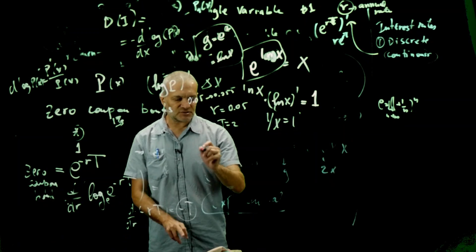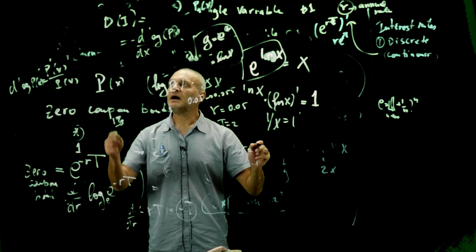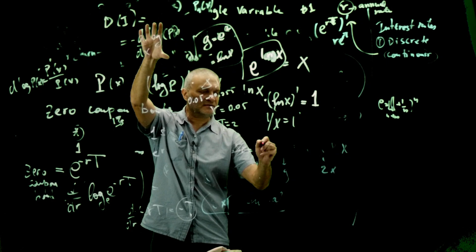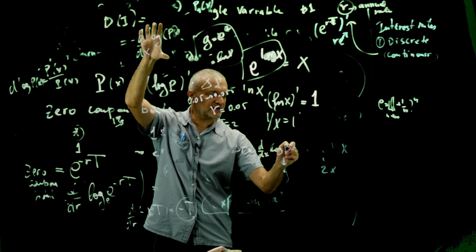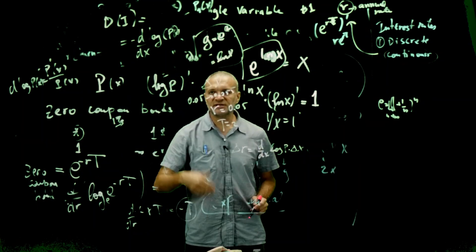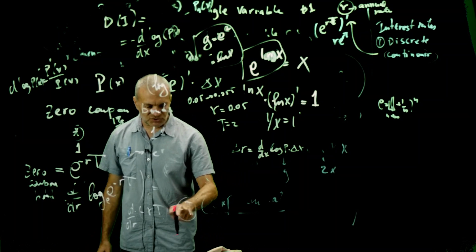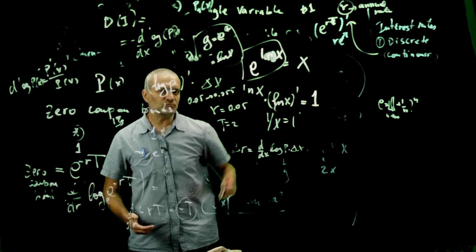We know that the return change is d log p over dx times delta x. So here you say, that's not a problem. I know that my derivative is minus 2 because T equals 2, so the bond will mature in 2 years.